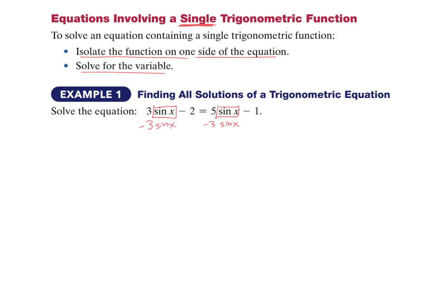So I'm going to subtract 3 sine of x from both sides. I'm also going to add 1 to both sides. So negative 1 equals 2 sine of x. Now I don't have it isolated yet, so I'm going to divide by 2. So negative 1/2 equals sine of x.